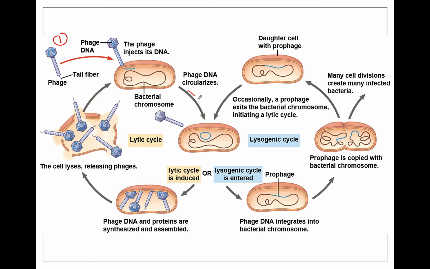So in this case, here's the virus DNA, and this is a single-stranded circular DNA, and then here's the host DNA over here. And so it is not destroying it. Instead, it's going to enter the lysogenic cycle and make a prophage. So the piece of virus DNA actually gets inserted into the host DNA.